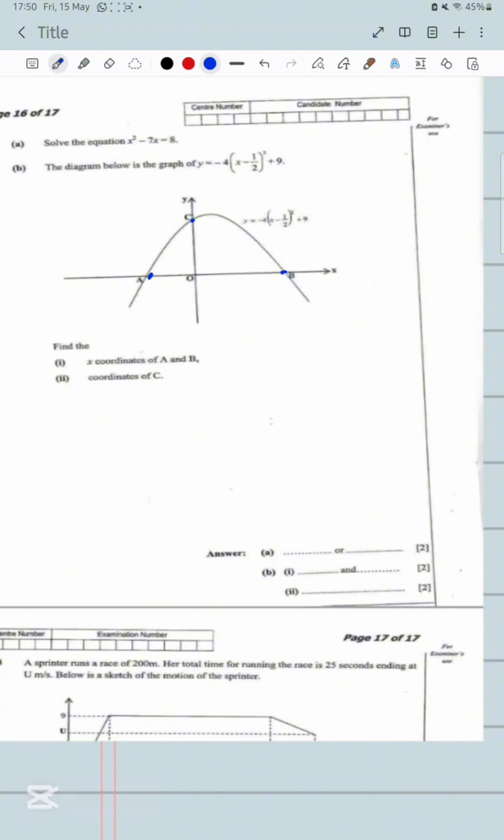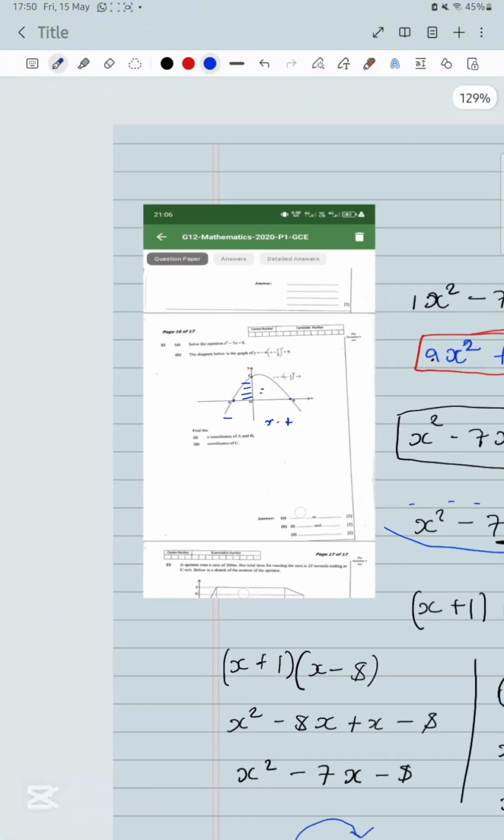So according to the Cartesian plane, we expect numbers from here to have x with a negative sign, and here x to be positive. So we have -1 and -2. Automatically meaning A coordinate is -1.